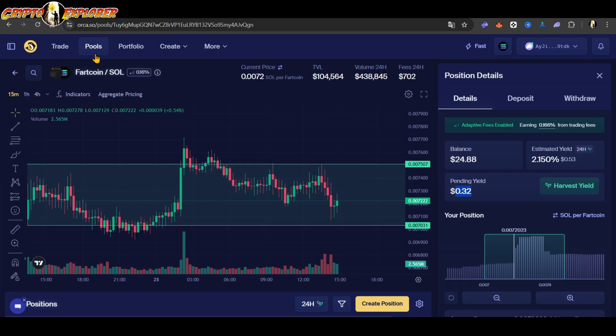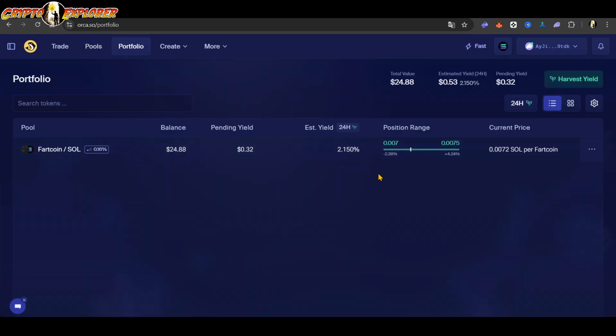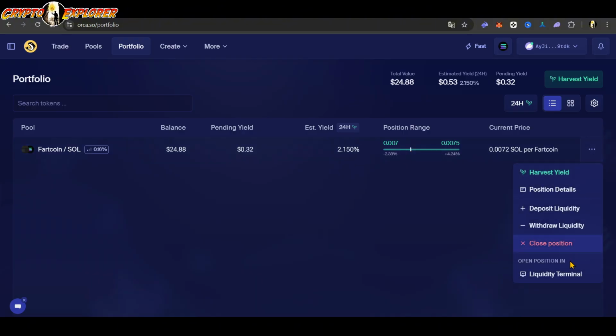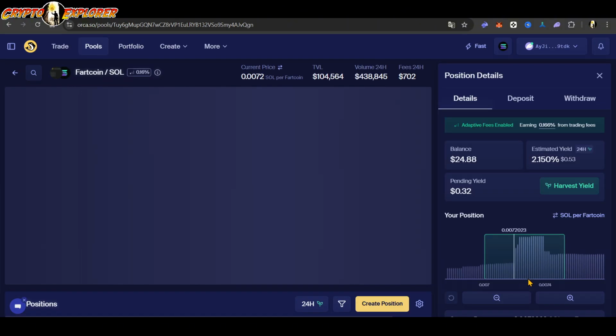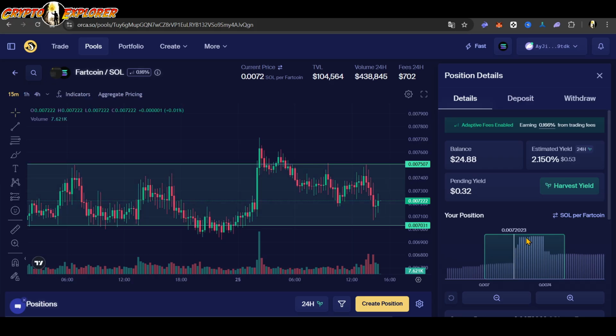It's because of that. So let me go back here on portfolio. The yield also went up to 2%, and minutes ago it was at 4%. So the estimated yield was at around $1, now it's 53 cents, and that's because the price moved a tick up, and that tick determines the price to be just at the start of this tighter, higher liquidity deposit here.